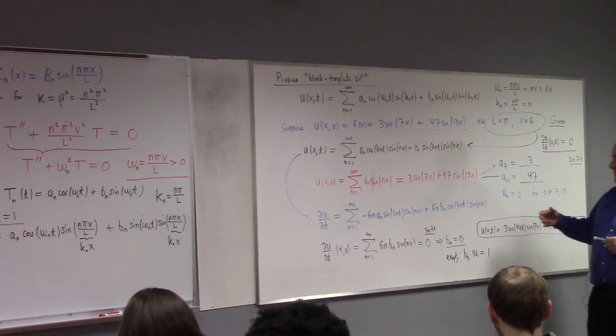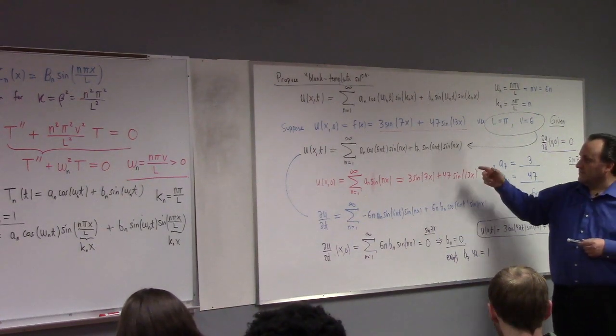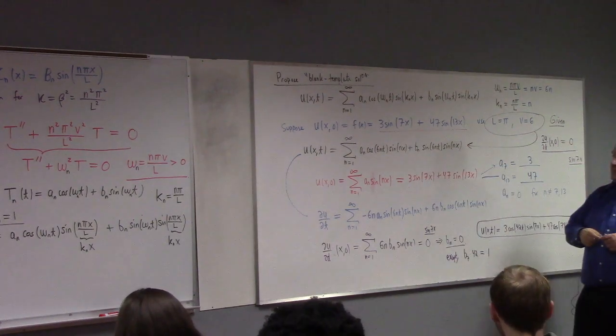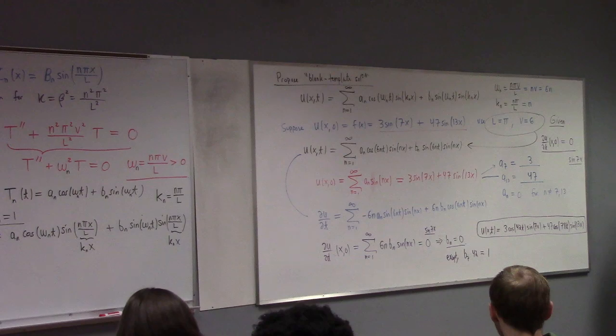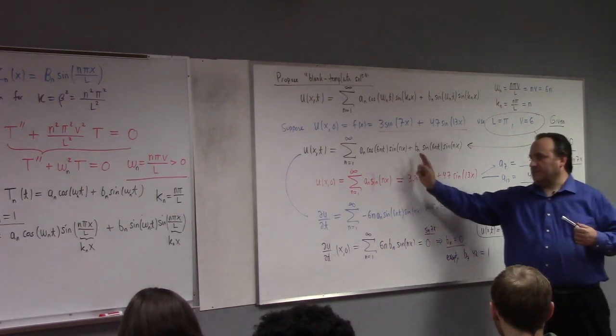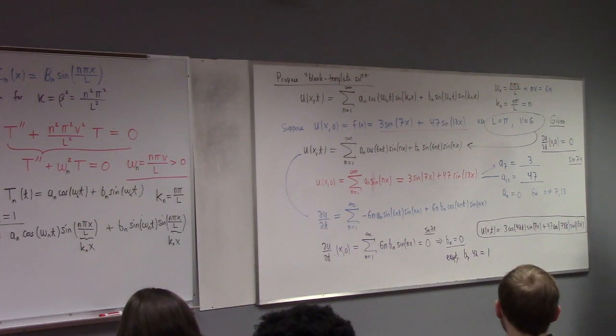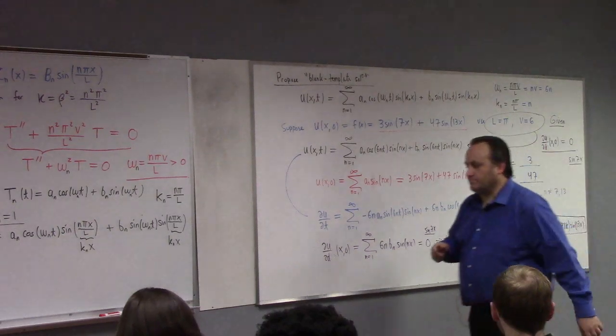So you'd pick up one of these kinds of terms in the solution, right? So that kind of thing can happen. There's generally going to be some kind of interplay between the a sub n's and the b sub n's for more interesting initial conditions here. But anyway, let me go on.